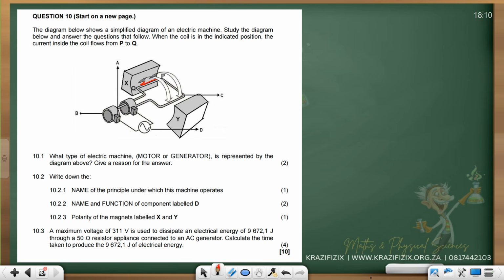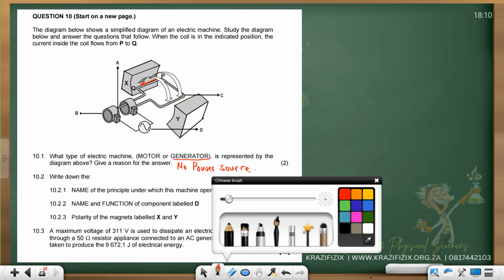It's a generator. All right. Why? Because it doesn't have a cell. There's no power source, right? We don't see any battery there. No power source. Name the principle under which this machine operates.